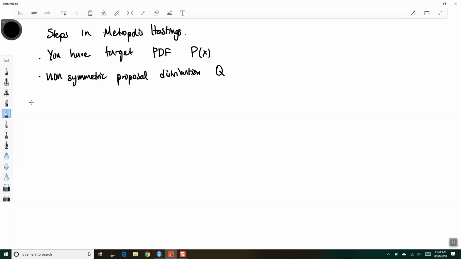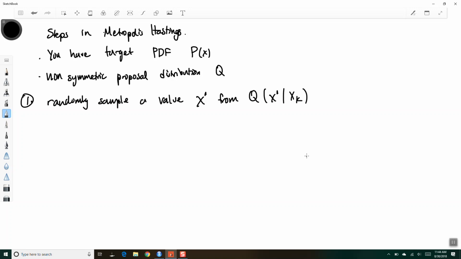Step one is to randomly sample a value x prime from Q of x prime given xk. This is your proposed value.